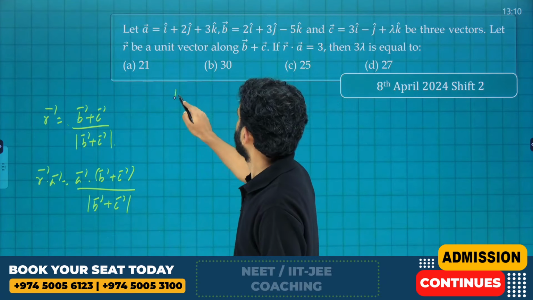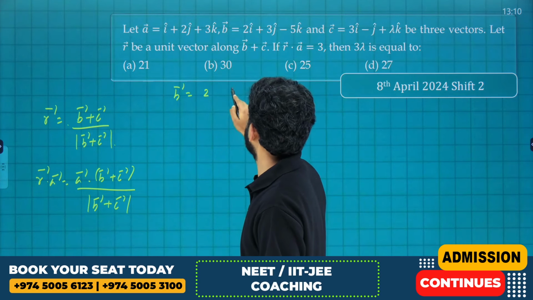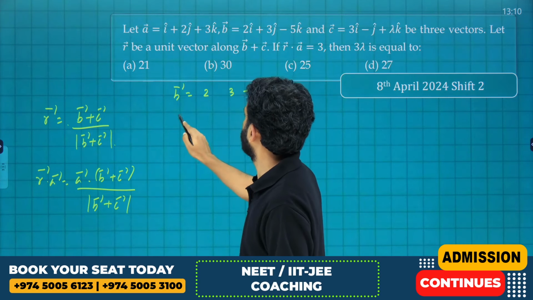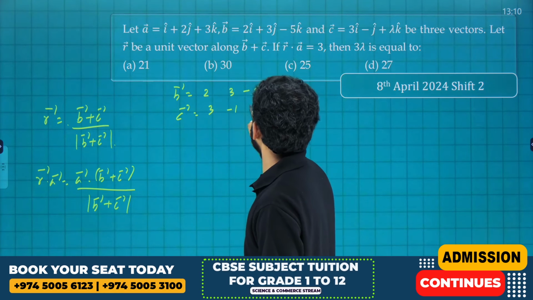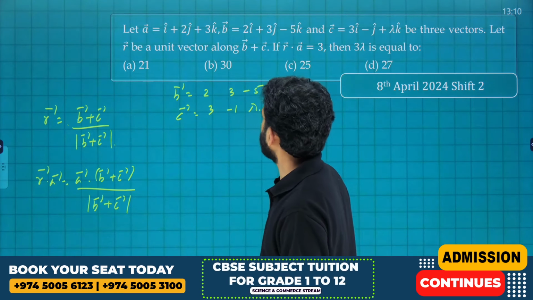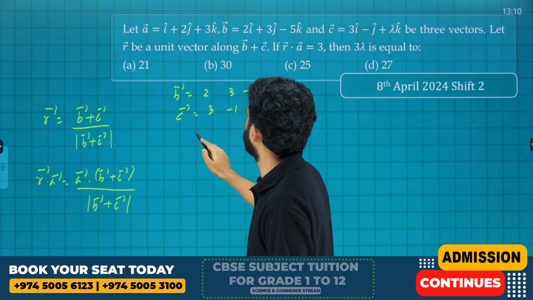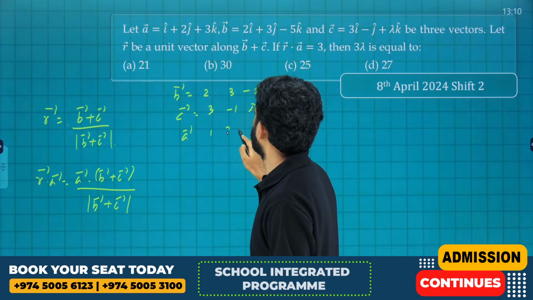Vector B, I am writing the numbers only: 2, 3, minus 5, and vector C is 3, minus 1, lambda. And A is 1, 2, 3.